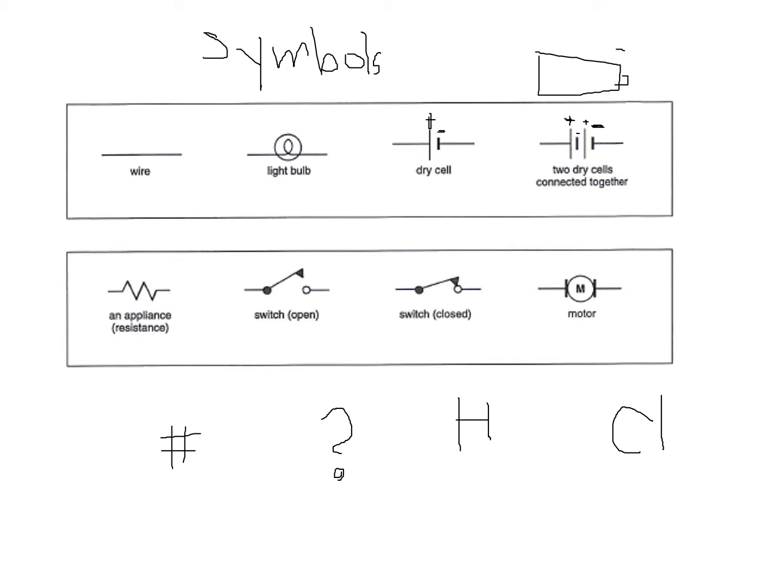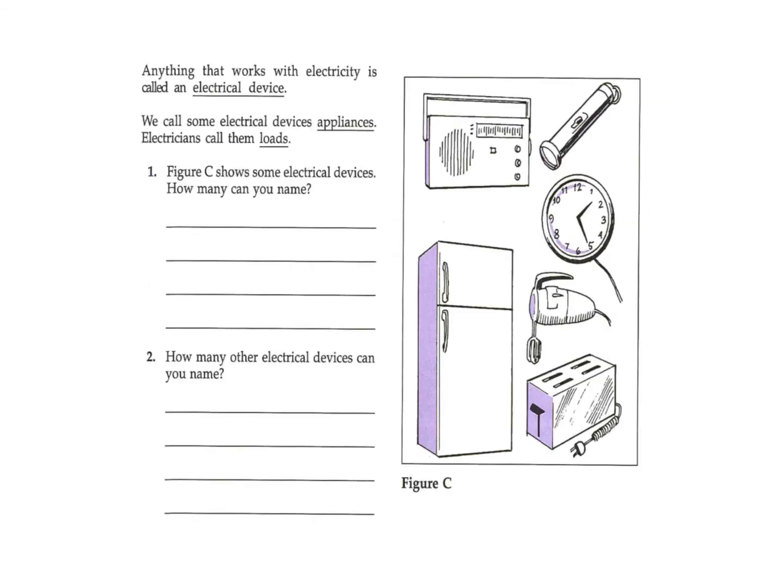This is the positive side, that's the negative side. So the negative is a tiny small line. The big positive is a big line. Minus, plus. That's how you know it. And these are symbols for all the other ones that you can see in here, and we'll get to it in a minute.